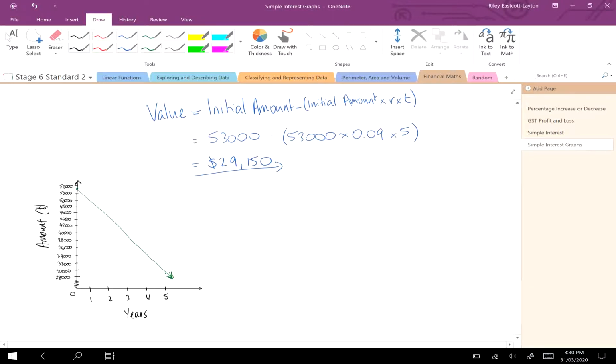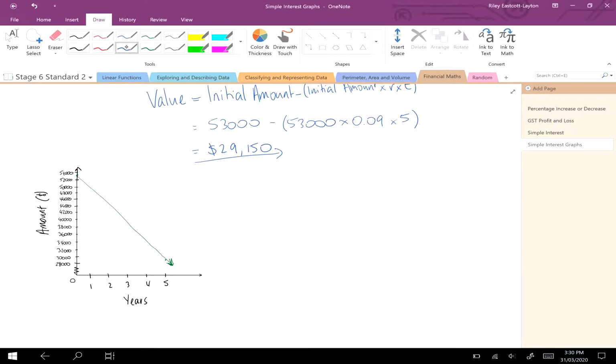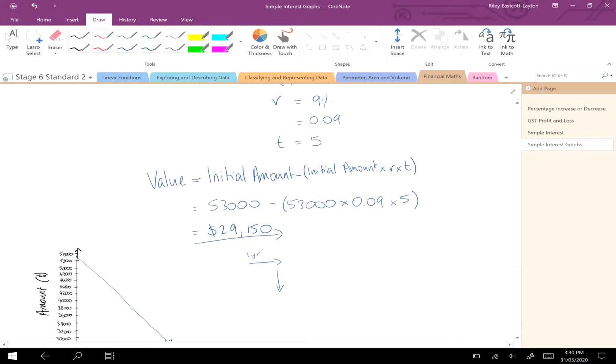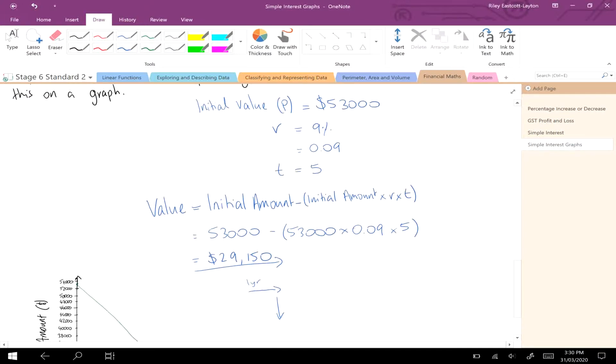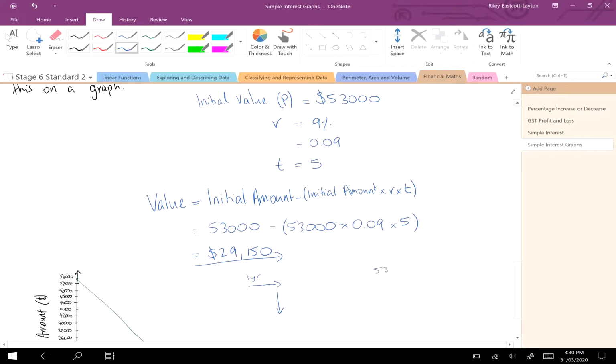And if we were to graph what this would look like, it just looks like so, where every time we go across 1 year, it drops by, we didn't actually work it out, but it would drop by whatever 53,000 times by 0.09 times by 1 is. So every year it actually drops $4,770.